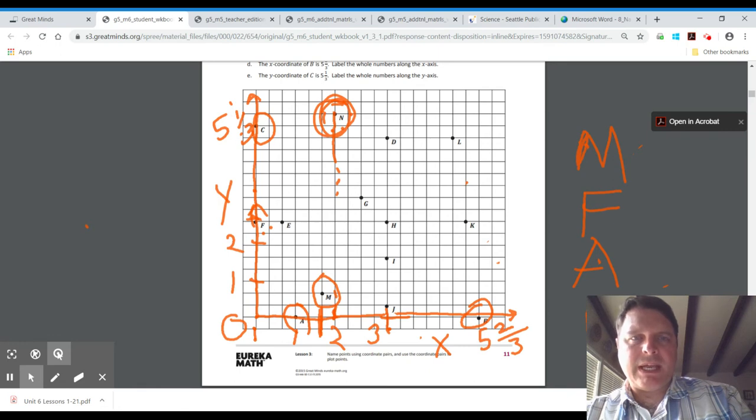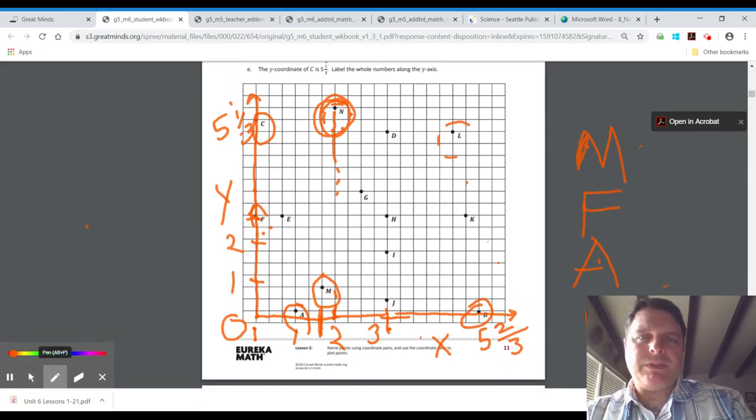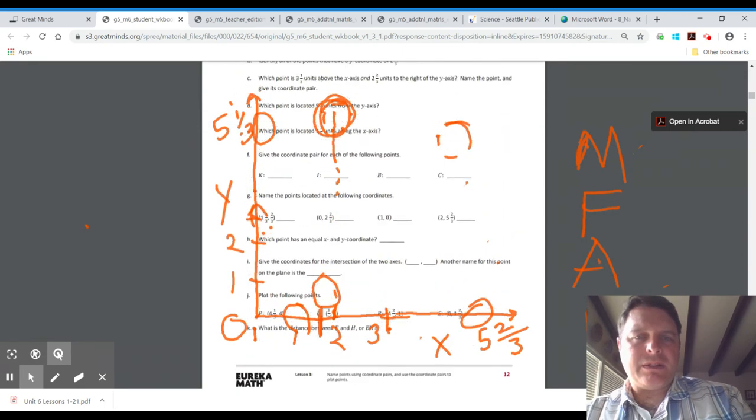That's going to be L. L is going to be 5, 5. If you notice, L has a 5 down on X and it has a 5 on Y. So it's 5, 5. So it's going to be L.